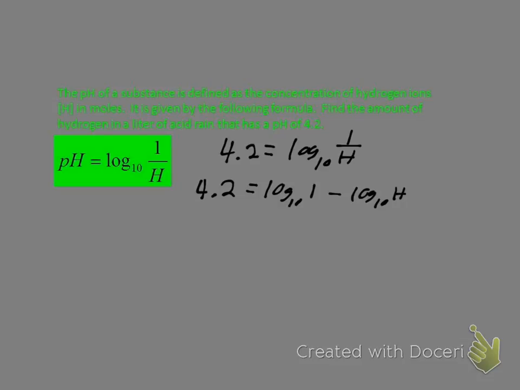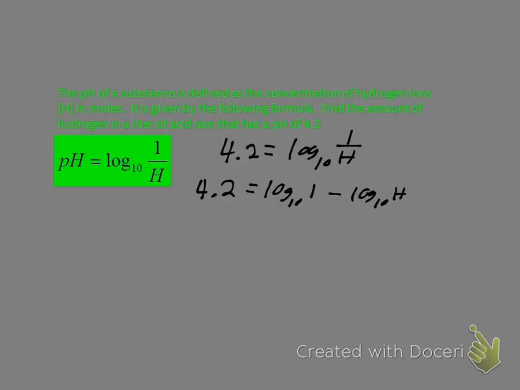Alright, now from there, I'm going to teach this to you guys. Log base 10 of 1, and this is going to come up a lot in the next two videos really. This is just a number. Log base 10 of 1 is a number, if you notice that. So you can subtract that number to the other side, because we're trying to solve for this H right here.